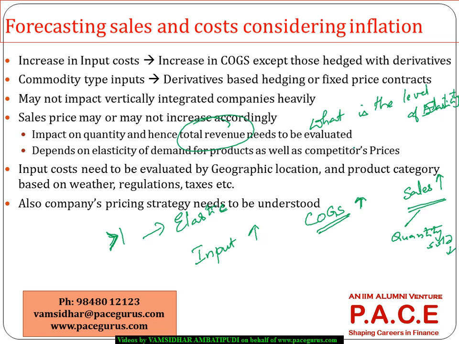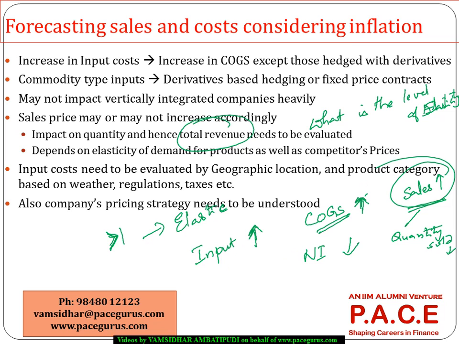So what we typically have to see is, if the input cost is going up because of inflation, there is a possibility of COGS going up, but sales may not go up to that extent, which means the net income or the earnings of the company may have to go down during that period of high inflation.